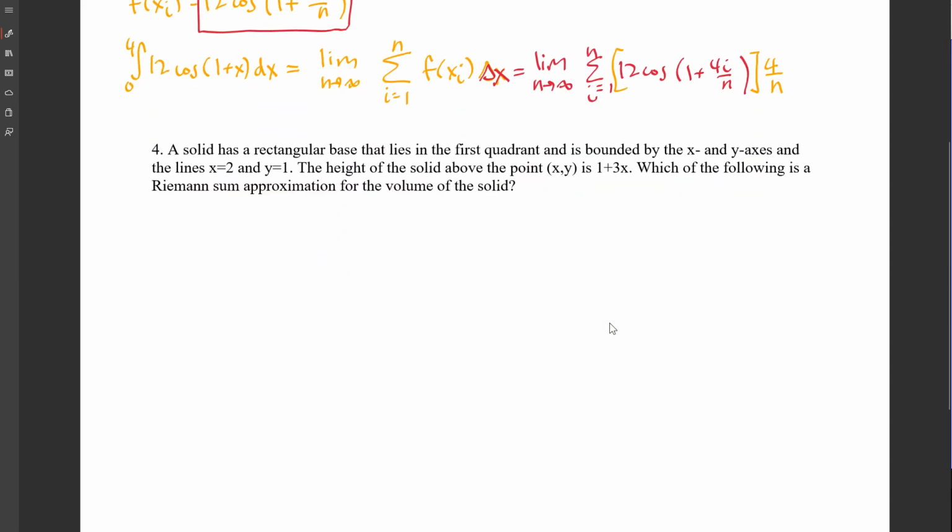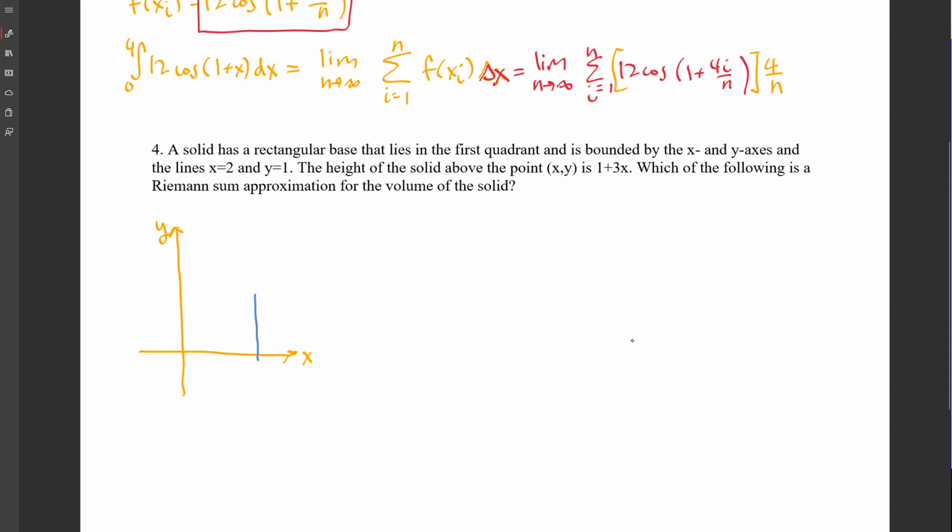Let's look at another problem in your homework. A solid has a rectangular base that lies in the first quadrant and is bounded by the x and y axes and the lines x equals 2 and y equals 1. Okay, so let me go ahead and draw this. So this is the x-axis. This is the y-axis. You've got a rectangular base, and it lies in this rectangle where x is equal to 2.